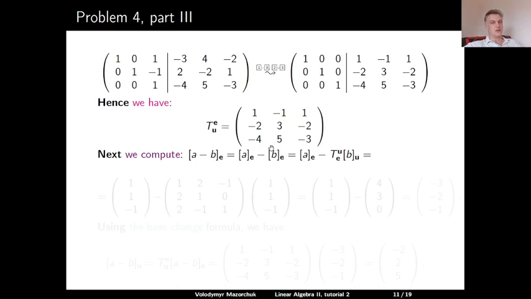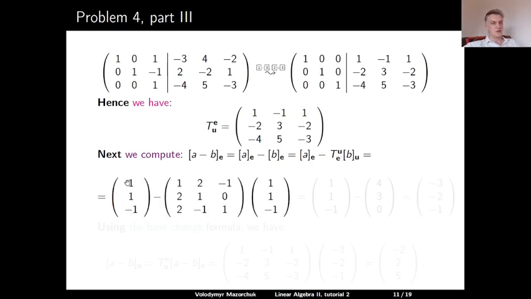So to obtain coordinates of B in E, we use the base change formula, and instead of these coordinates, we write the transformation matrix from the standard basis to U times the coordinates of B in U. And now these coordinates are in the formulation, and the transformation matrix is computed on the previous slide.